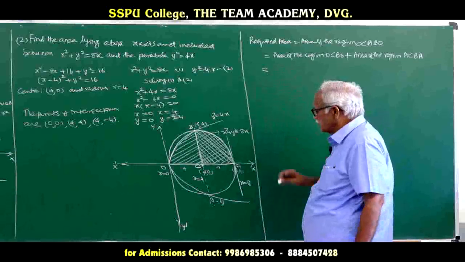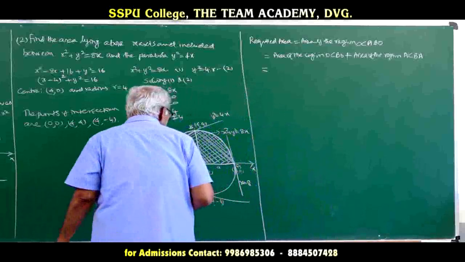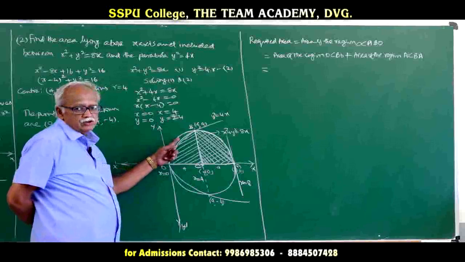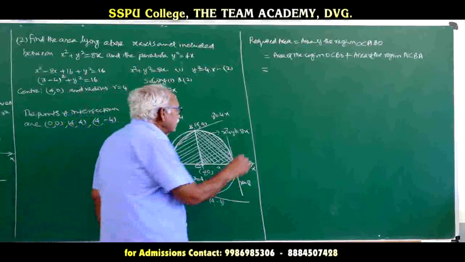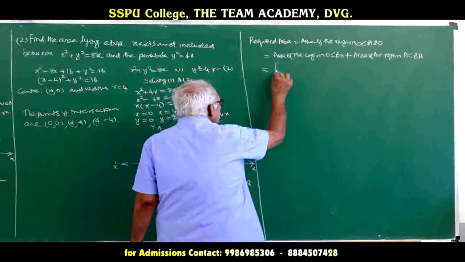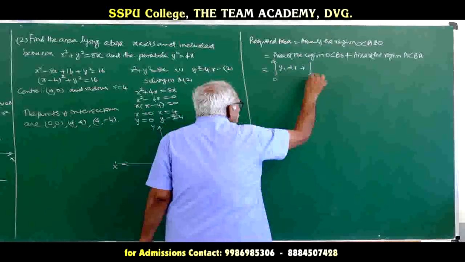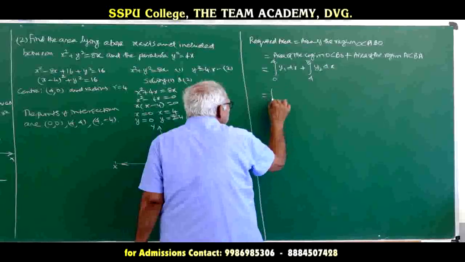is equal to, now can we go for integration formulas here? This area is bounded by y square is equal to 4x. Now, I will write this as the integral from 0 to 4 of y1 dx plus the integral from 4 to 8 of y2 dx.